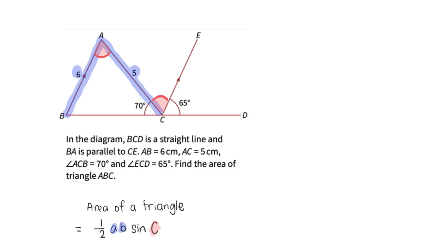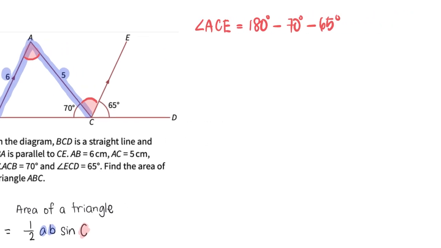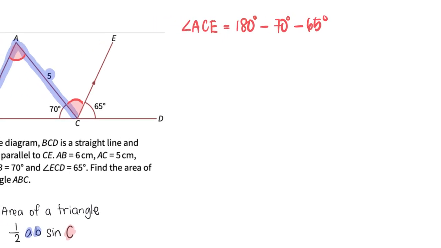So step 1 would be to find angle ACE, which is simply 180 minus 70 and 65, because these are adjacent angles on a straight line. And I will get 45 degrees.